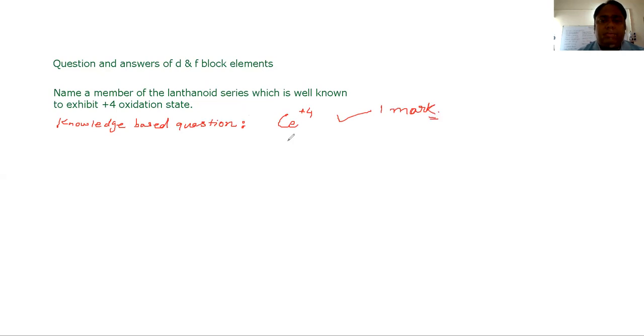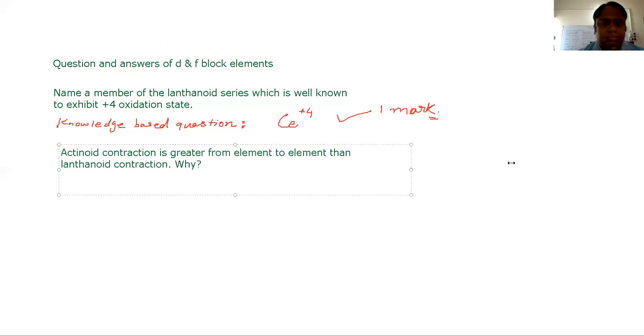Next, we will take another question. The question is why lanthanoid contraction is greater from element to element, and why actinoid contraction is greater from element to element than the lanthanide contraction.